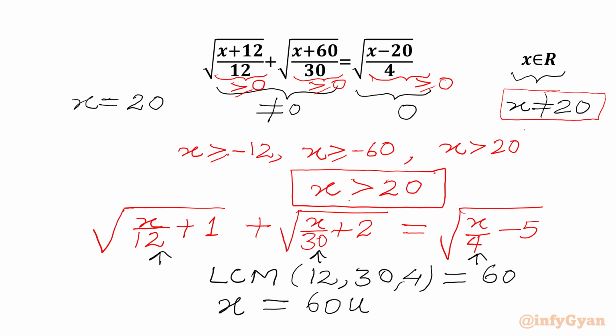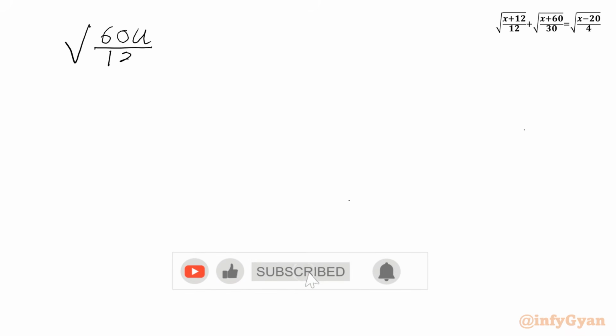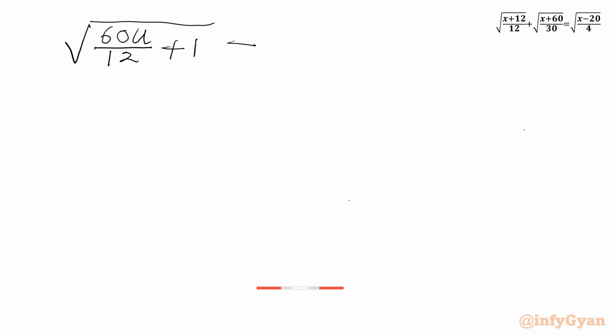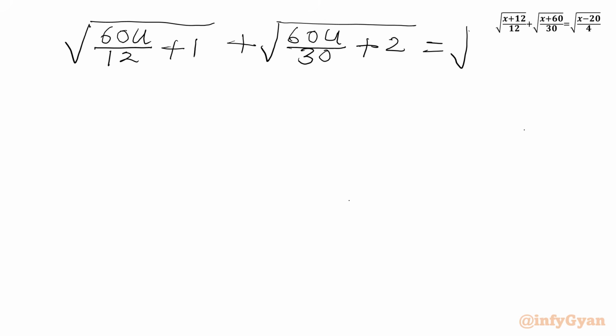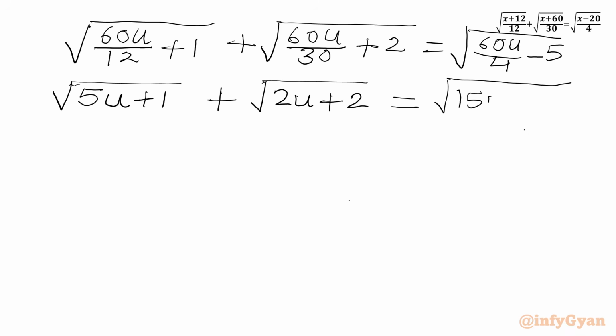So we can write the equation: square root of 60u over 12 plus 1, plus square root of 60u over 30 plus 2, equal to square root of 60u over 4 minus 5. 60 over 12 is 5, so we will get square root of 5u plus 1, plus square root of 60 over 30 is 2, so 2u plus 2, equal to the square root of 60 over 4 is 15, so 15u minus 5.